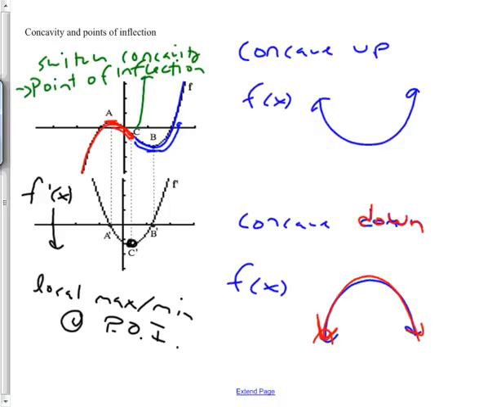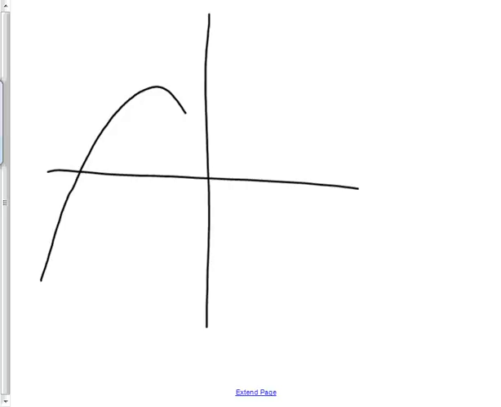Now let's just look at a random graph here of some function. So you can start seeing points of inflection in concavity.